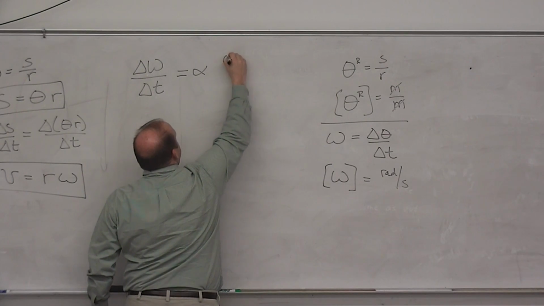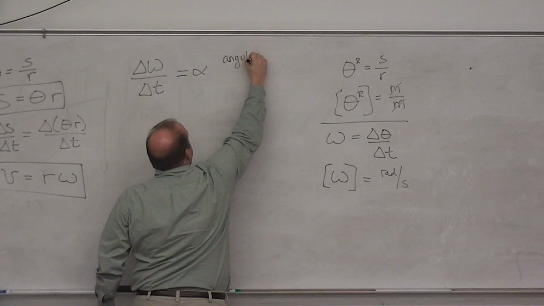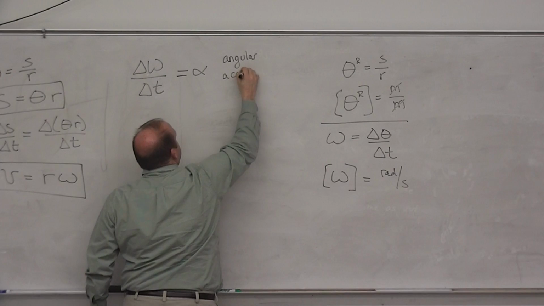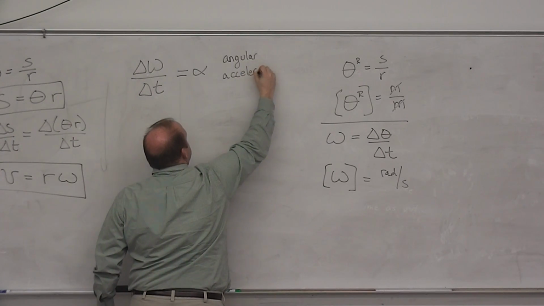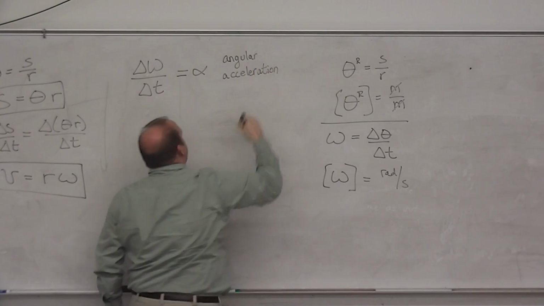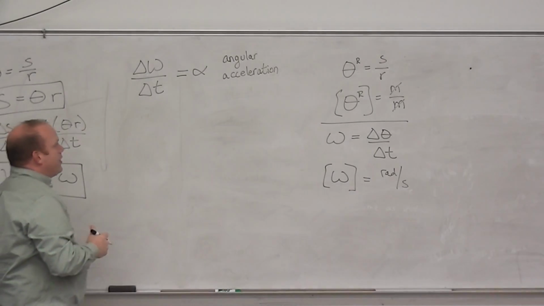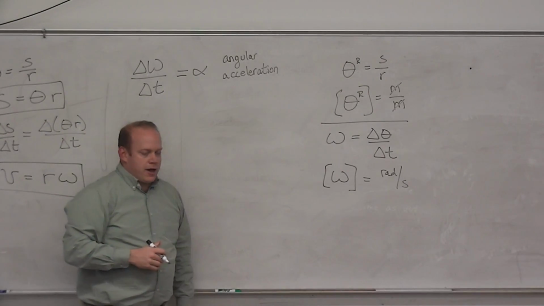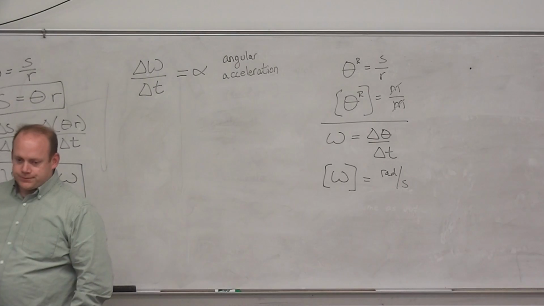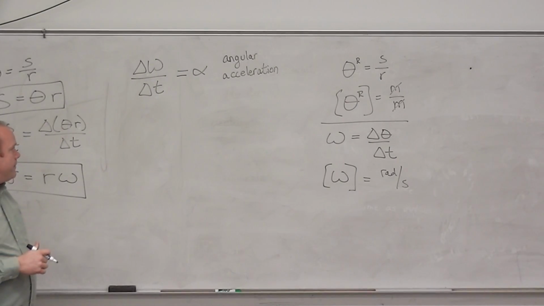So this change in angular velocity with respect to time is called angular acceleration. We use the Greek letter alpha for that.